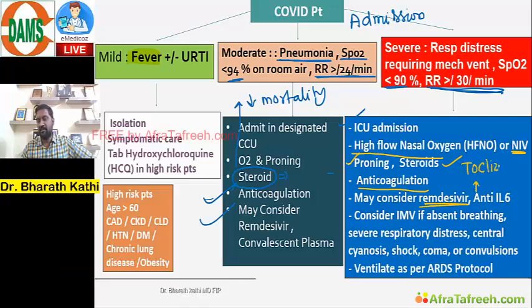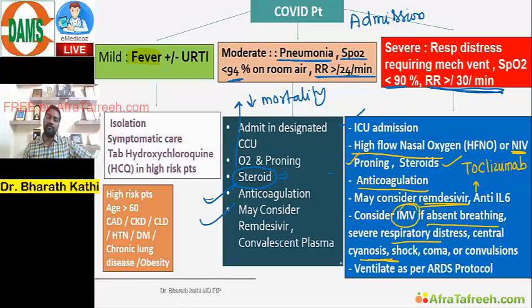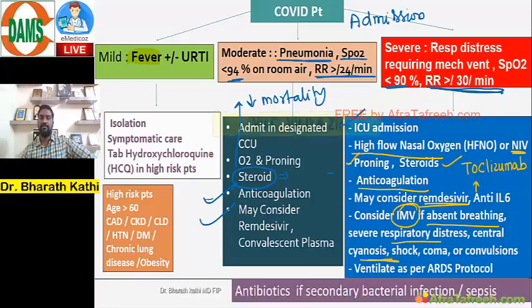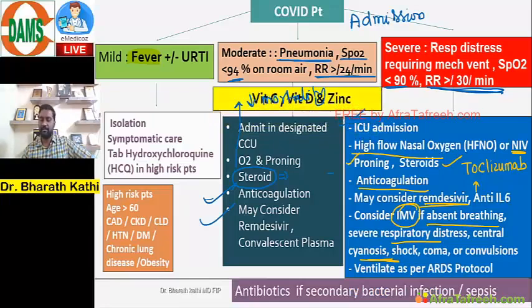Anti-IL-6 that we have is tocilizumab. It will fight against the hyperinflammatory response. If at all the patient is having absent breathing, severe respiratory distress, central cyanosis, you may need to start invasive mechanical ventilation, and you should ventilate according to ARDS protocol. So this is regarding COVID-19 treatment.